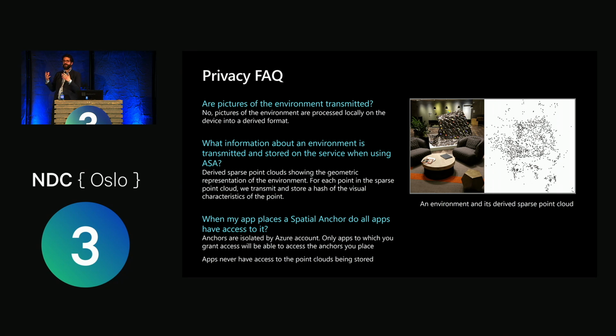So this is like a 3D fingerprint of the space. It doesn't send any photos or videos of your location to the cloud, but it sends this sparse point cloud. And then you don't really get it back, but you can check against it. So it's like a 3D fingerprint that you can check against and say, hey, am I here? Am I matching against this fingerprint? And if so, you can get an anchor and attach holographic content to it.